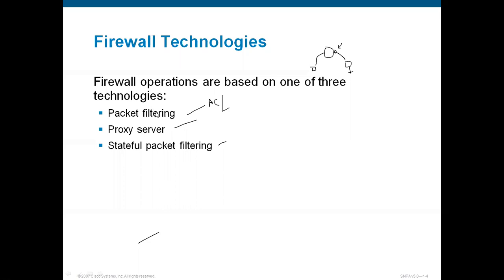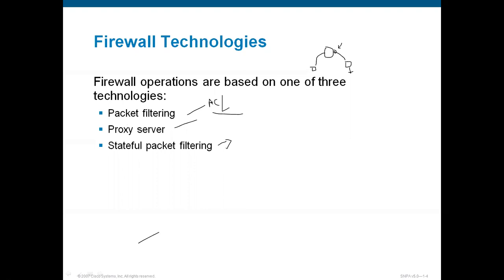So this is also called a firewall ACL. Why? Because it is blocking the traffic based on the packet. Then there is something called proxy server, and then the third firewall is stateful packet filtering.